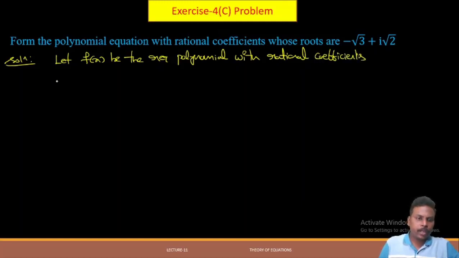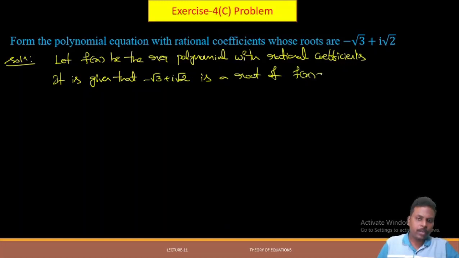Okay, it is given that minus root 3 plus i root 2 is a root of f of x is equal to 0.